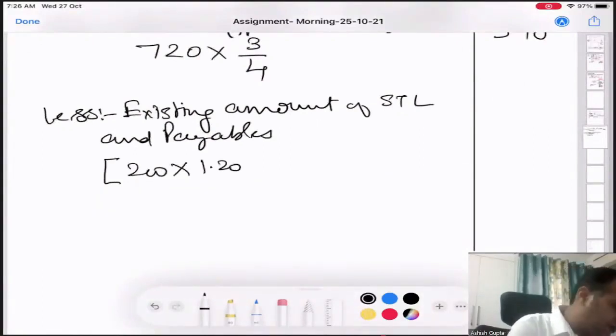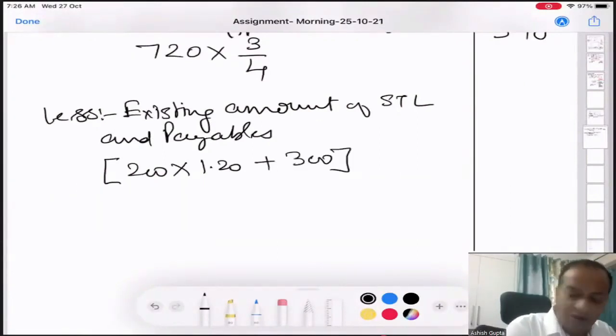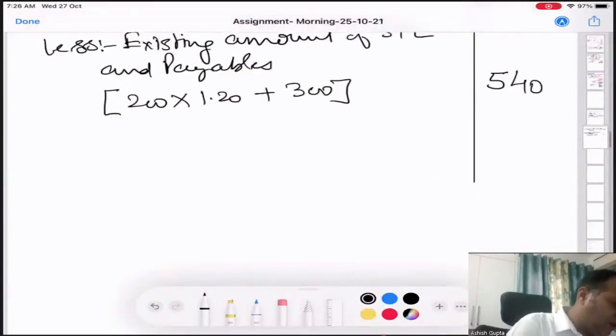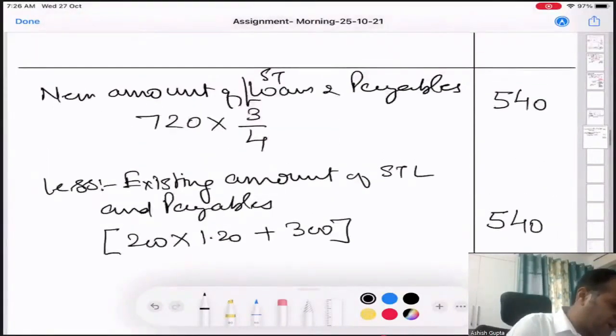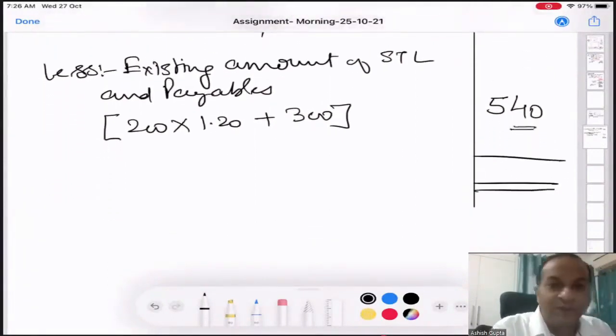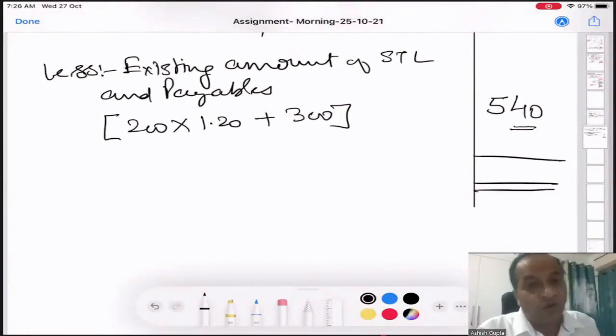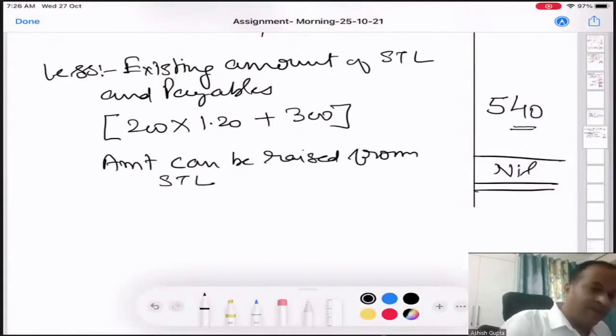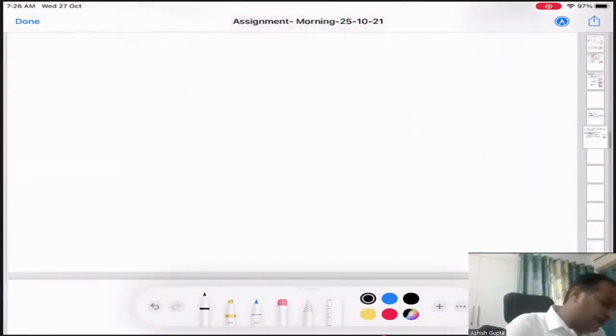The new amount will be this plus the existing amount of short-term loans, so the amount comes to 540. The maximum amount that we can raise from these sources is 540, and we already have 540, so we cannot raise any amount from short-term loans. So the amount that can be raised from short-term loan will be nil.